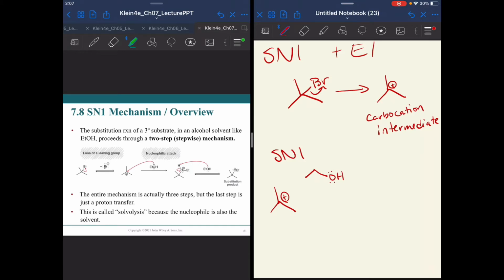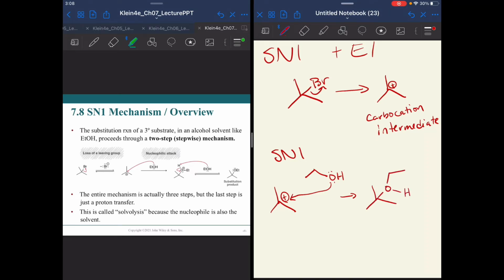Where ethanol is not a strong nucleophile and won't attack the carbon in an alkyl halide, it will attack a carbocation. And now that it's a carbocation, it doesn't matter that it was tertiary. That carbocation is flat. It's trigonal planar. So we don't have to worry about the sterics. So we get our nucleophilic attack.